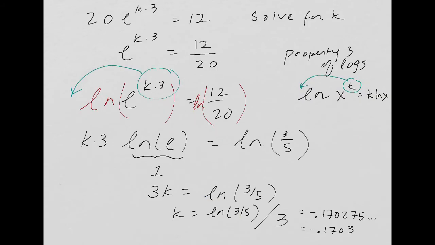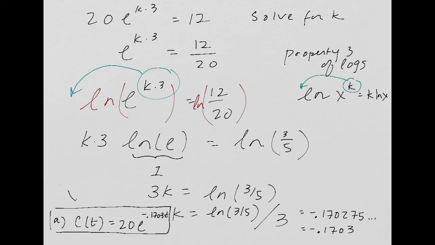So now that I have the k, the last thing to do for part A is just kind of put the pieces together. So the answer to A is the model. So we had C of t, and we have the 20 from the C sub 0, e, now we have this k value to the negative 0.1703t. And this is the model.